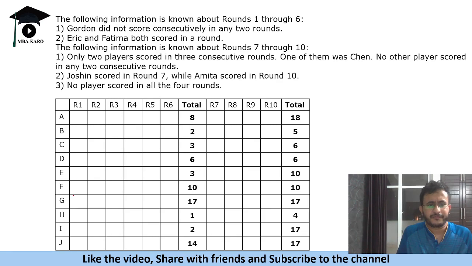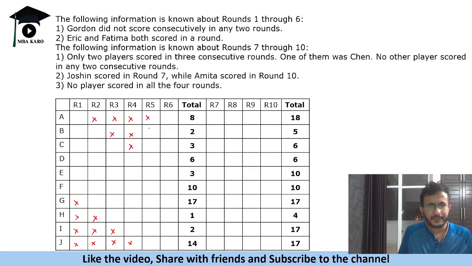First of all, the very first thing you needed to do was to create this large table. Then eliminate the players who are not participating. So in this round, these 4 players are not participating. In this round, these 4 players won't participate. In the third round, these 4 players won't participate. In the fourth round, these 4 players won't participate.